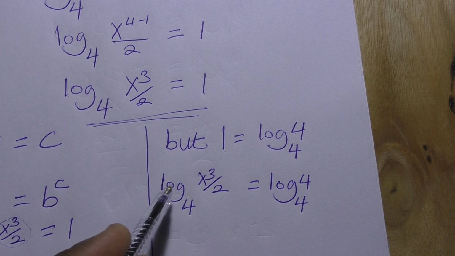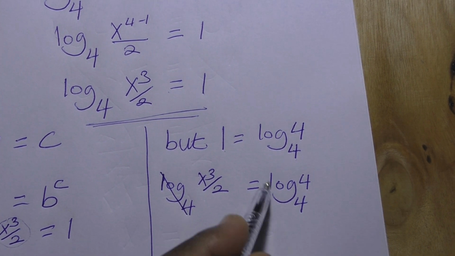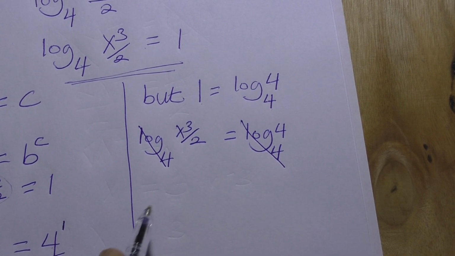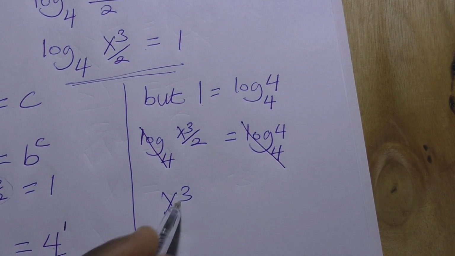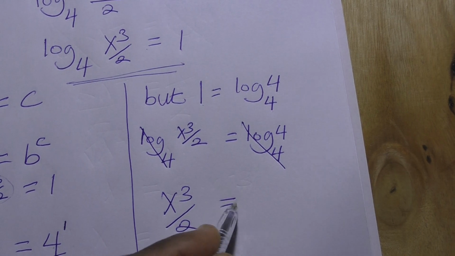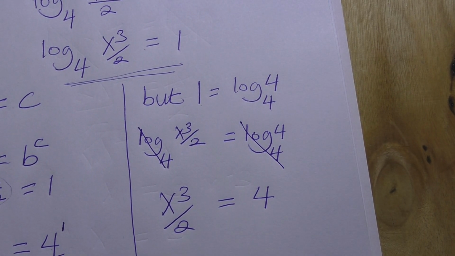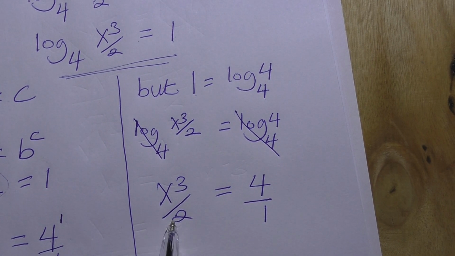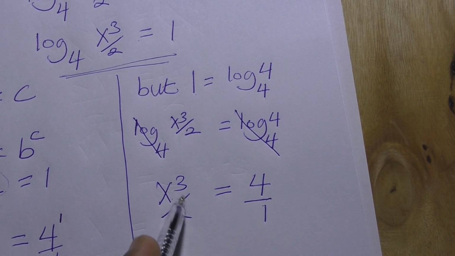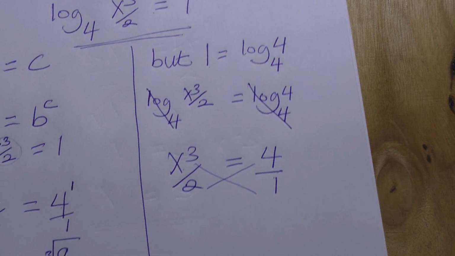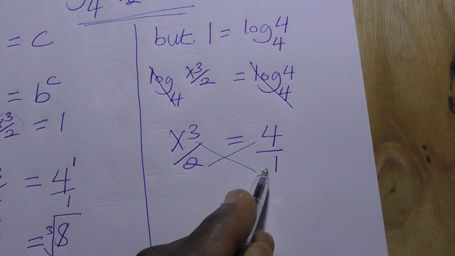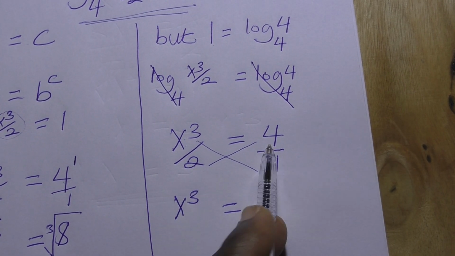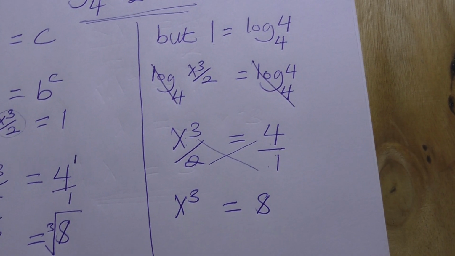And then from here we can cancel out the logarithms so that we end up with x cubed over 2 equaling 4 over 1. Since this is a fraction, we also make this a fraction and cross multiply, which is x cubed times 1 giving us x cubed, 2 times 4 giving us 8.